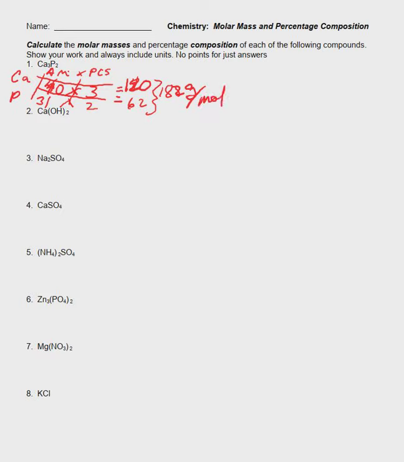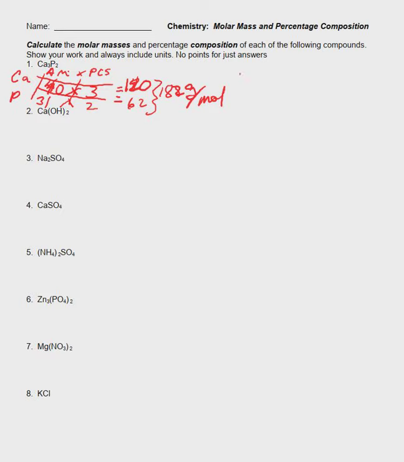So now the part that you do is you take calcium and you always put the number small. When you're working with percents, most of the time, not every time, but most of the time, put the small number on top.